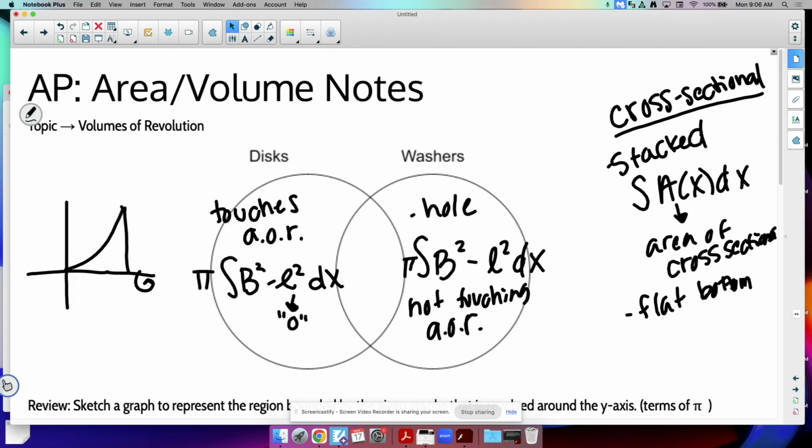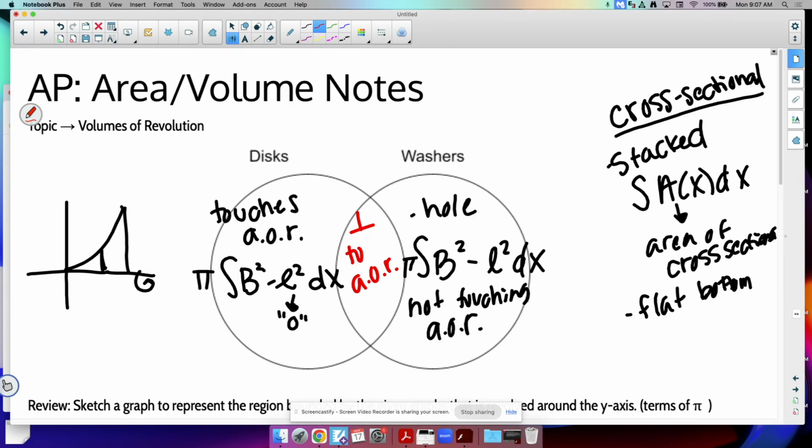When you are rotating something with these, your representative line has to be perpendicular to the axis of rotation. That's the biggest thing they have in common. Whatever you are rotating around, that little representative line is rotating around and making a disc, and then the next disc, and so on, so you need to be perpendicular.